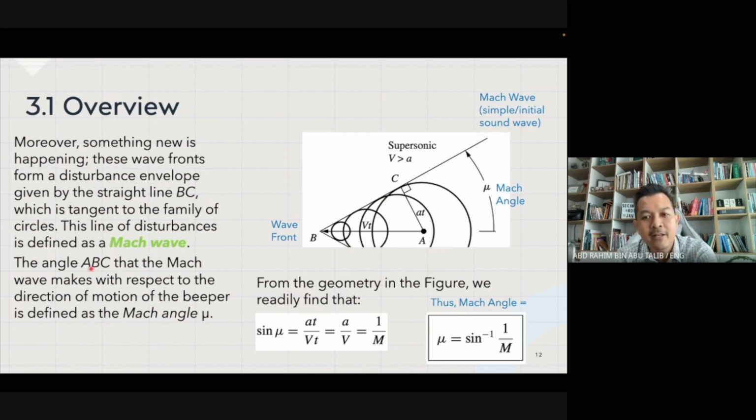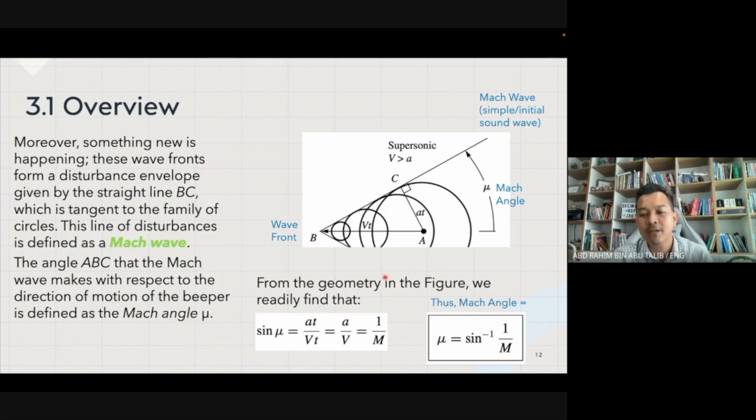So the angle ABC, this is the angle mu, which is called the Mach angle, which is basically the angle the Mach wave makes with respect to the direction of motion of the body.